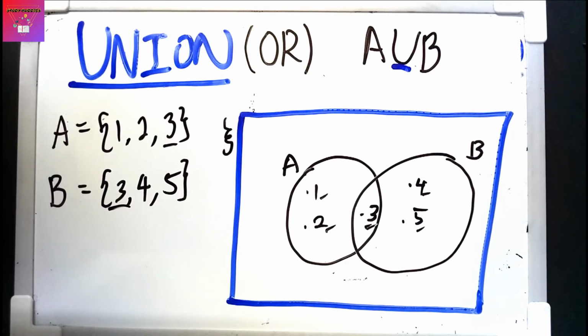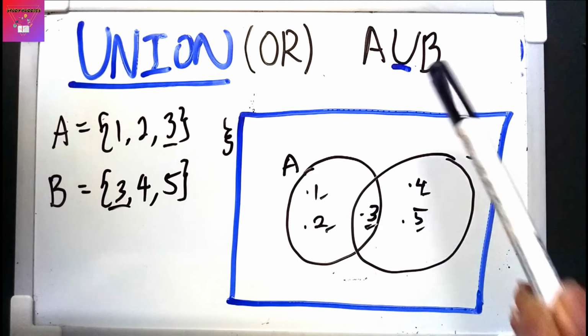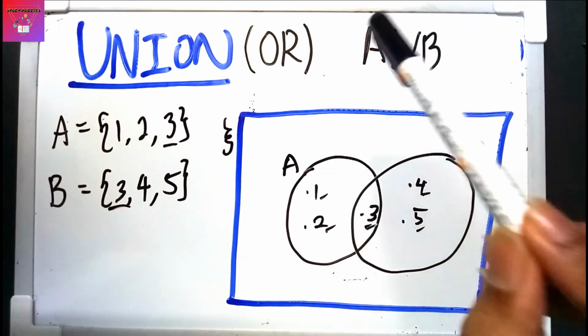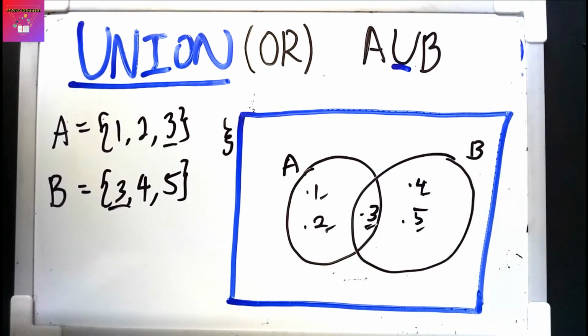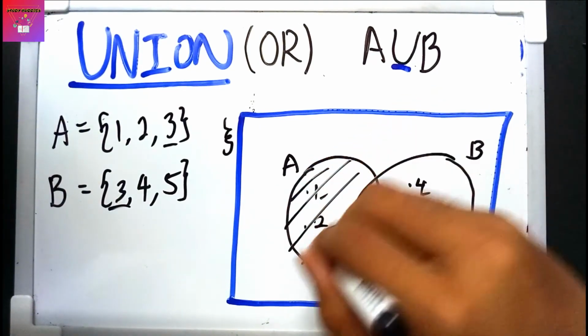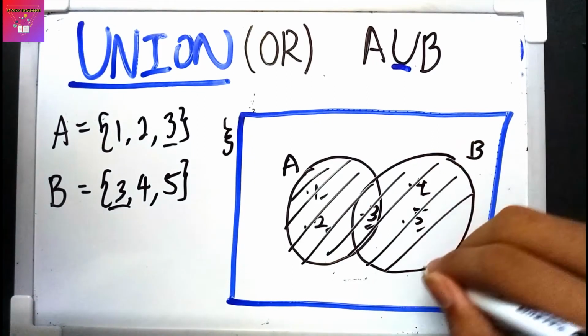So in this case, which elements denote A union B? The answer is, it denotes all the elements present inside the set.